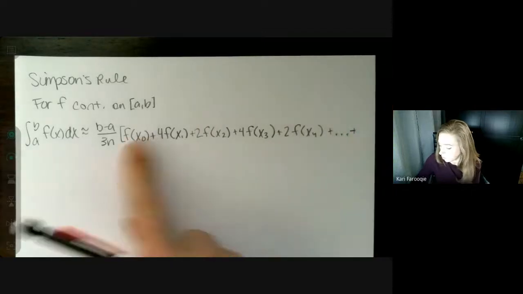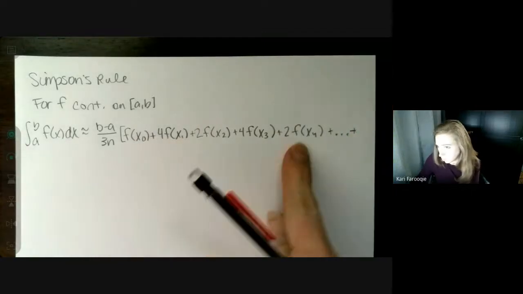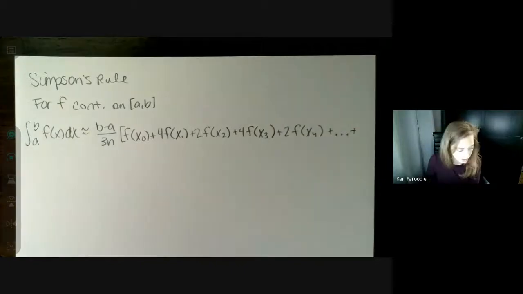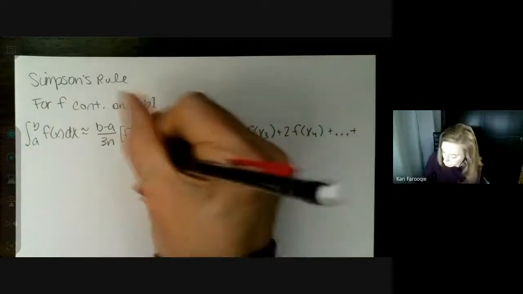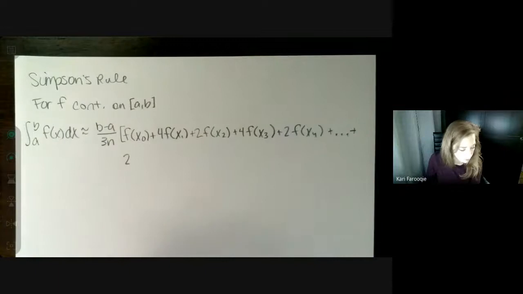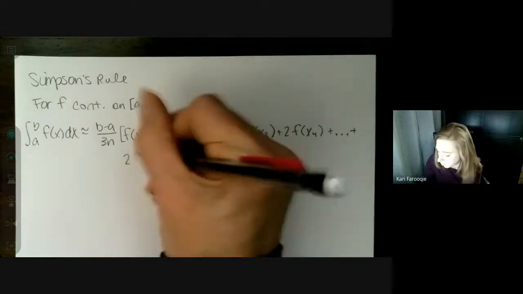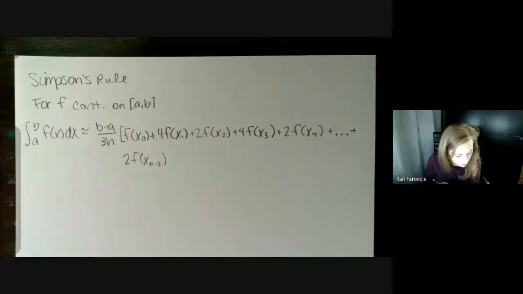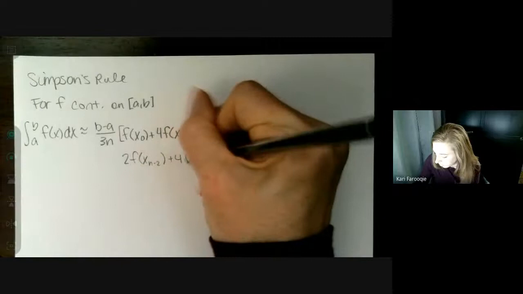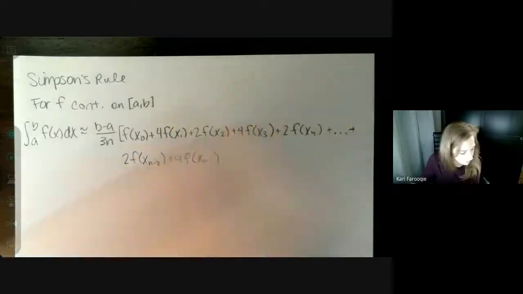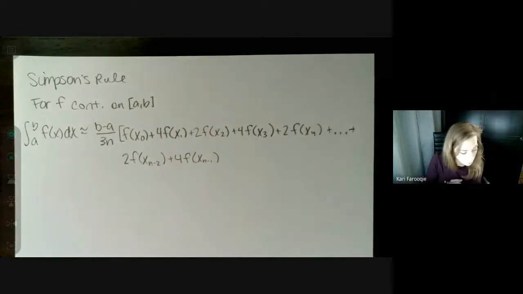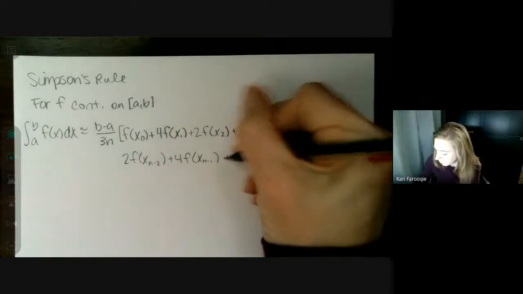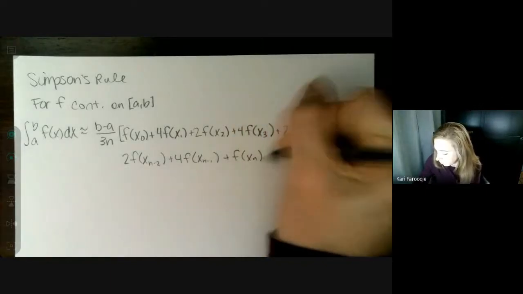So you're going 1, 4, 2, 4, 2, and then you're going to work your way backwards in the opposite direction. So it's going to be twice f of x sub n minus 2 plus 4 times f of x sub n minus 1 and then 1 times f of x sub n.